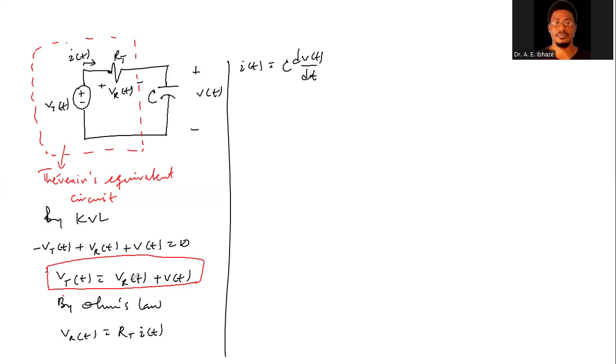So we can plug in VR of T into this, and once we do that, we can also plug in the value of I of T into this, so that this equation will now become: VT of T is equal to RT times C dV of T dt plus V of T.